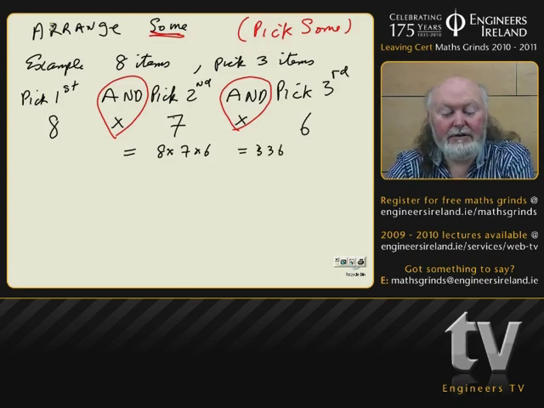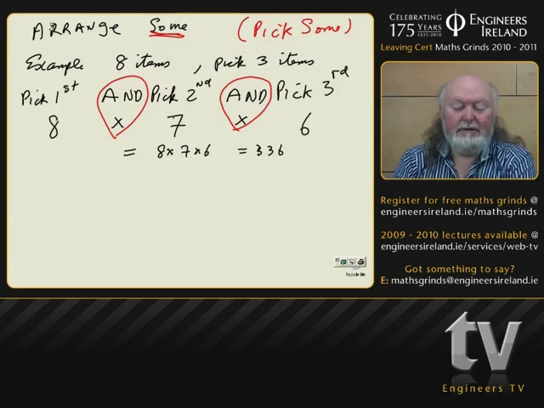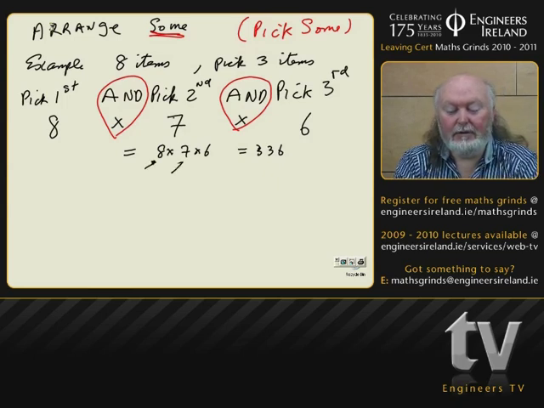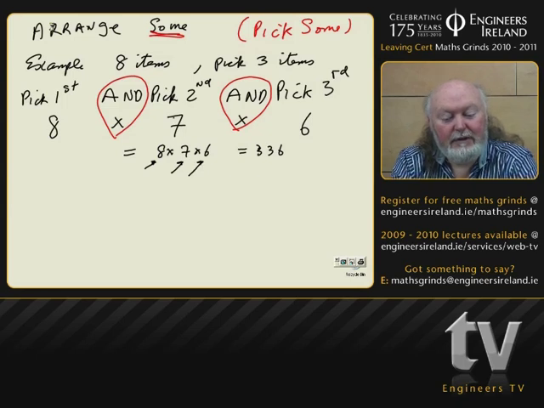There's 336 ways. So this is picking some items. What you will notice is that it starts off the same as picking all. Right? The numbers are dropping one at a time. They're all getting multiplied. But it stops short because it only goes R into it.